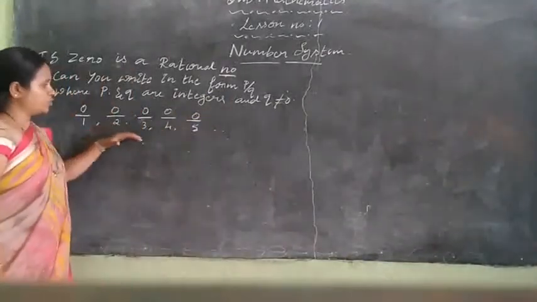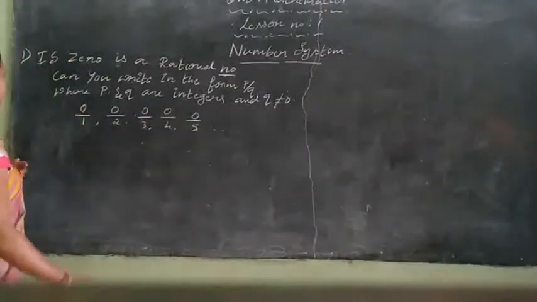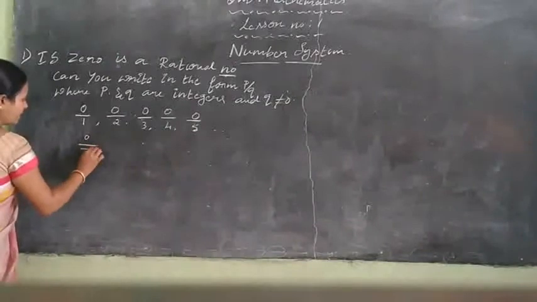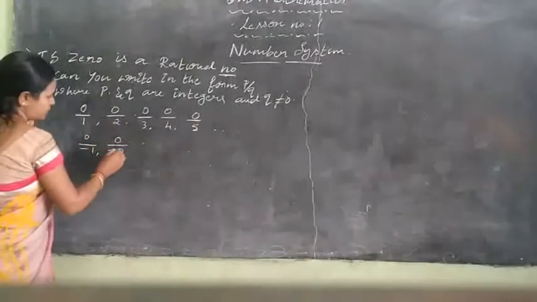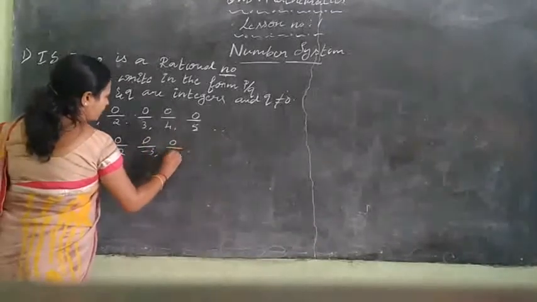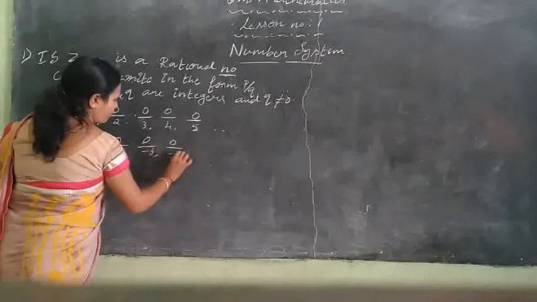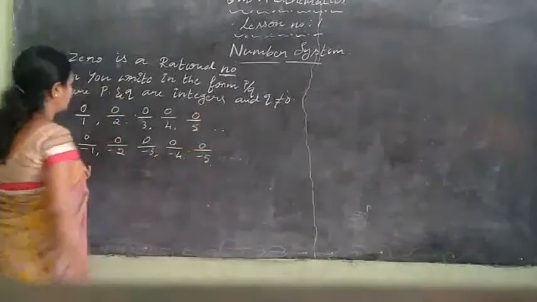Okay. So here 1, 2, 3, 4, 5 are positive numbers. In the same way, we can write it as 0 by minus 1, 0 by minus 2, 0 by minus 3, 0 by minus 4, 0 by minus 5. Okay.